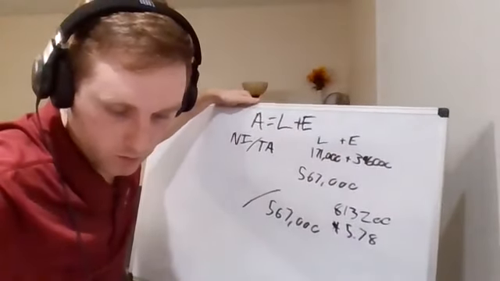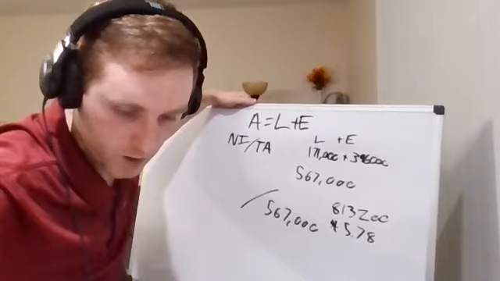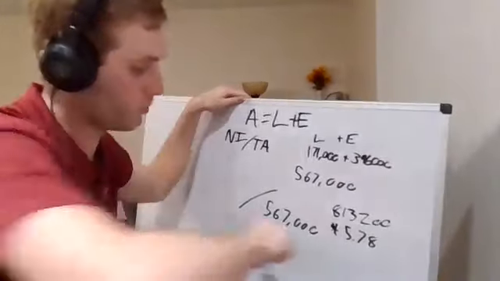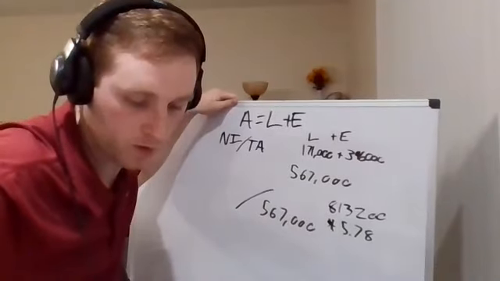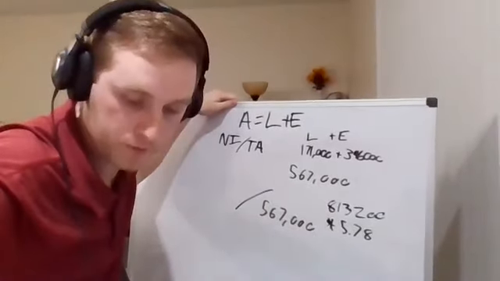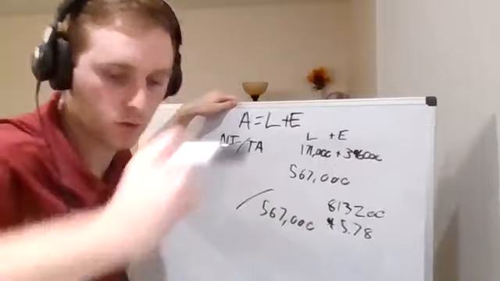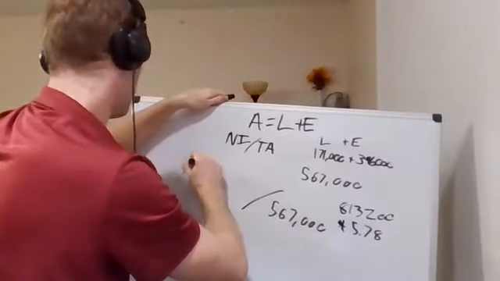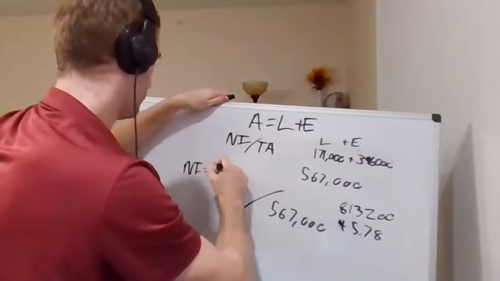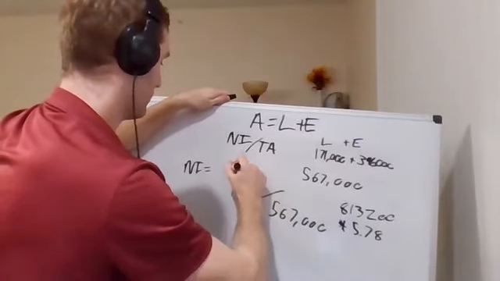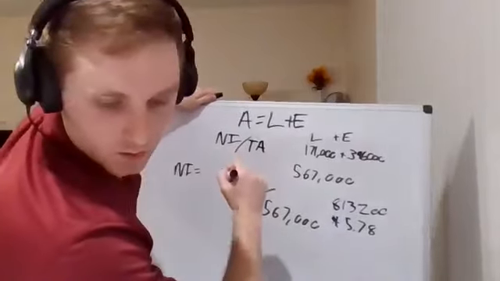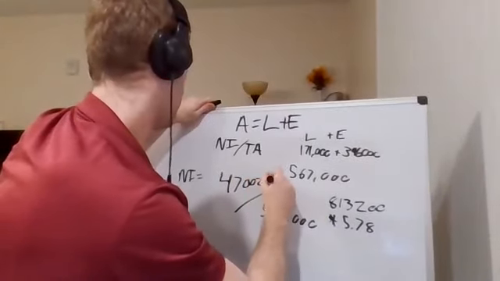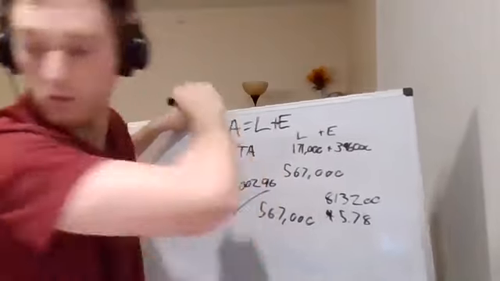Now remember, we have to turn this into a percentage. So when we multiply it by 0.0578, it equals 47,002.96 net income.